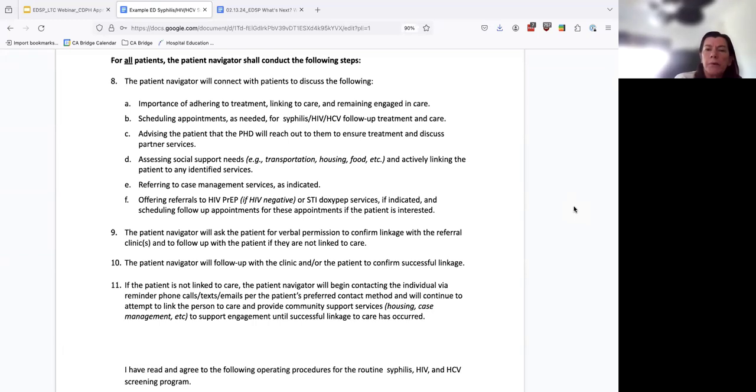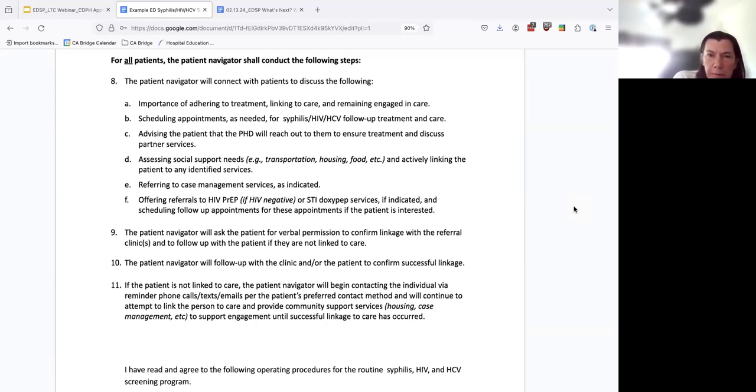Assessing social support needs. Do they need help with transportation? Do they need Uber Health to come pick them up? Do they need a taxi to pick them up? Do they need any support for housing or food? And therefore you can link them to the appropriate social workers in your emergency department, and anything that can actively help that individual link to care in follow-up.